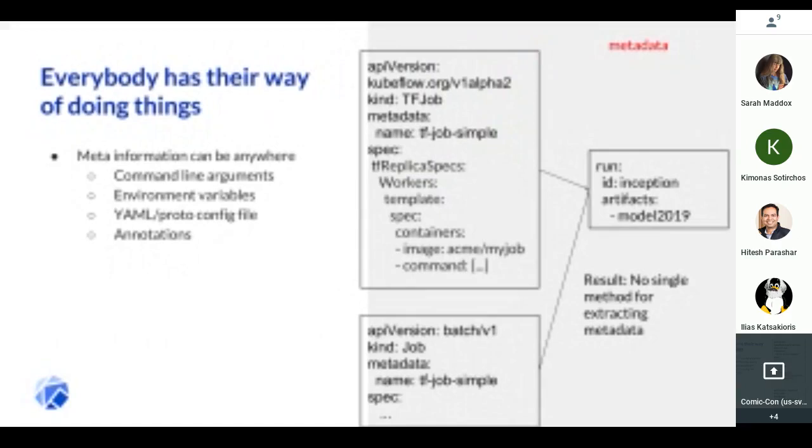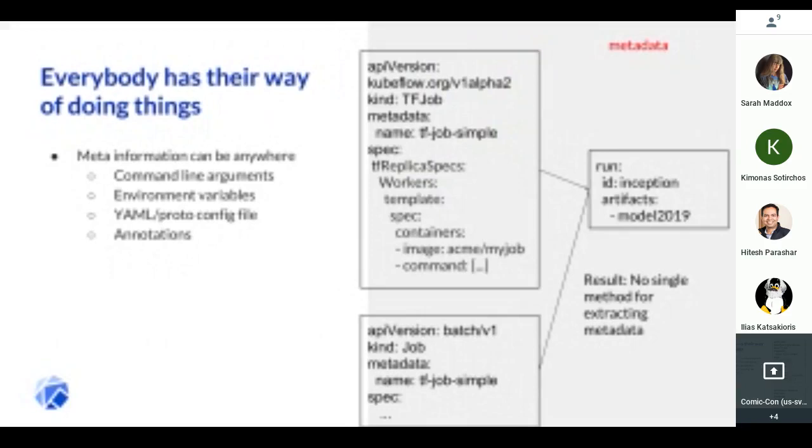But there's no standard set of input parameters that people use, right? Or naming conventions, for example. But people could also use environment variables. They could also use a config file that contains a protocol buffer that describes their training data or how they should train their model. And so that becomes a barrier to collecting this meta information in a standard way.